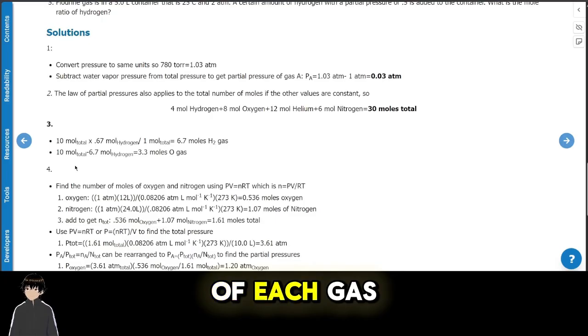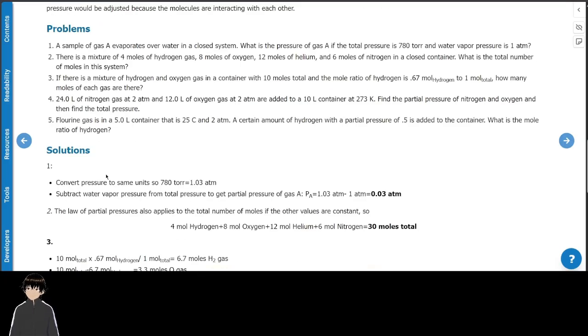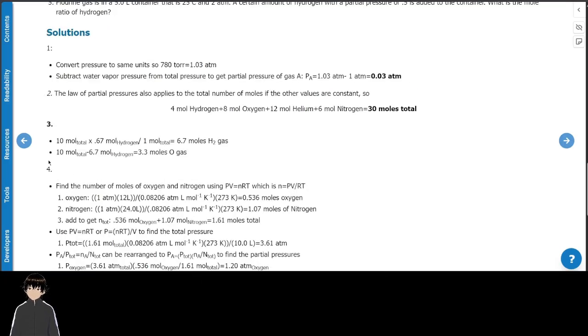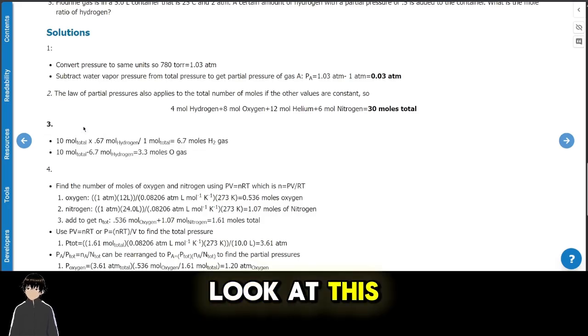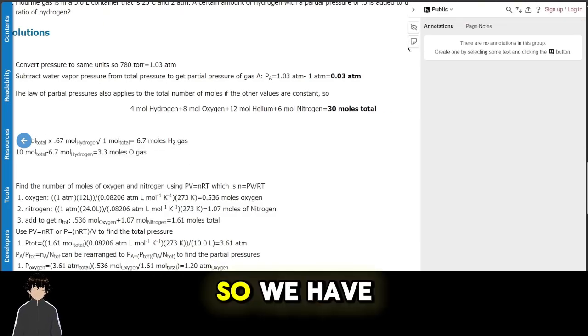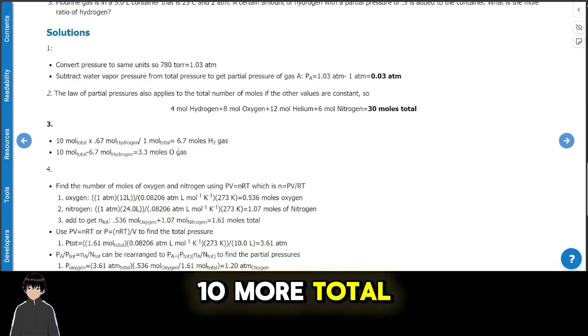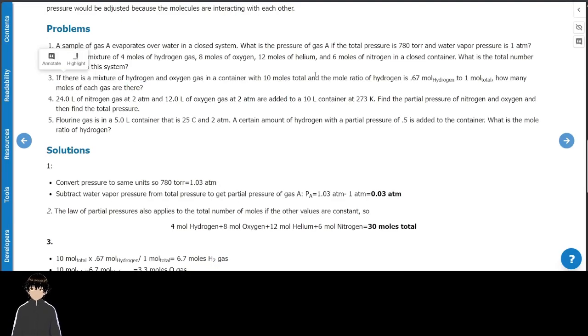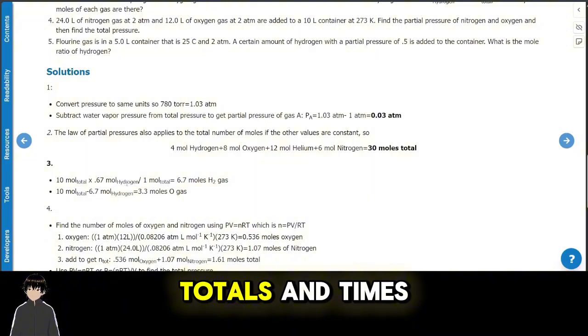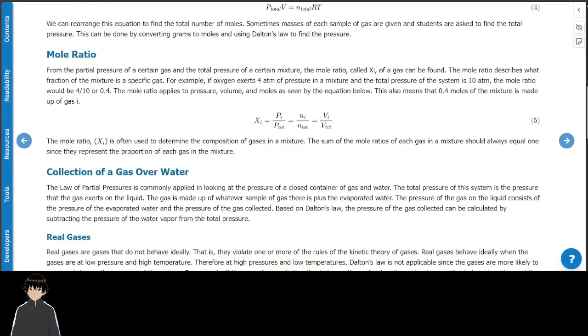How many moles of each gas are there? If we look at this, we have 10 moles total, times 0.67.